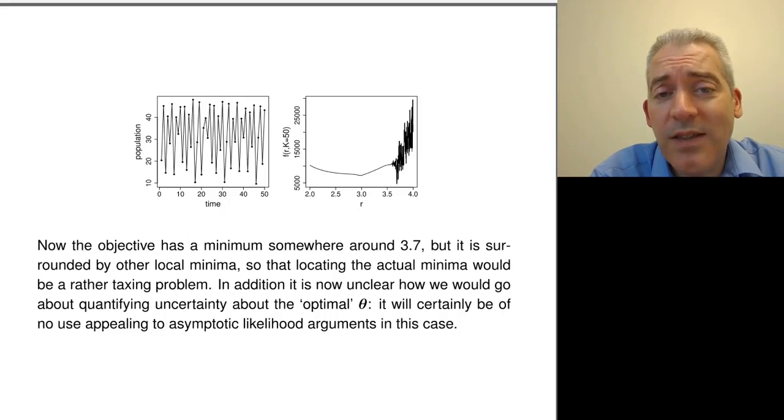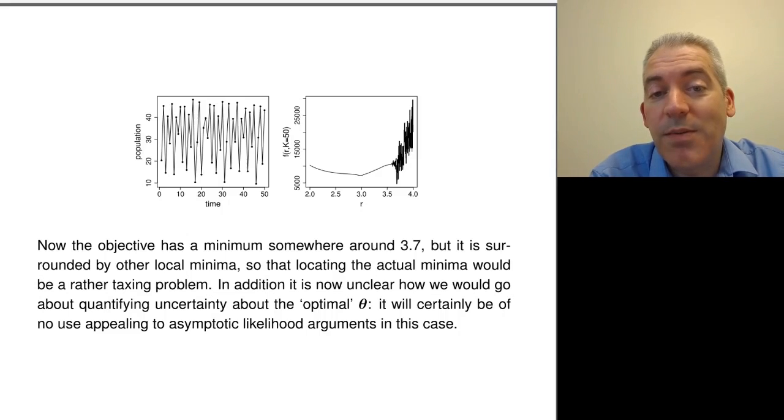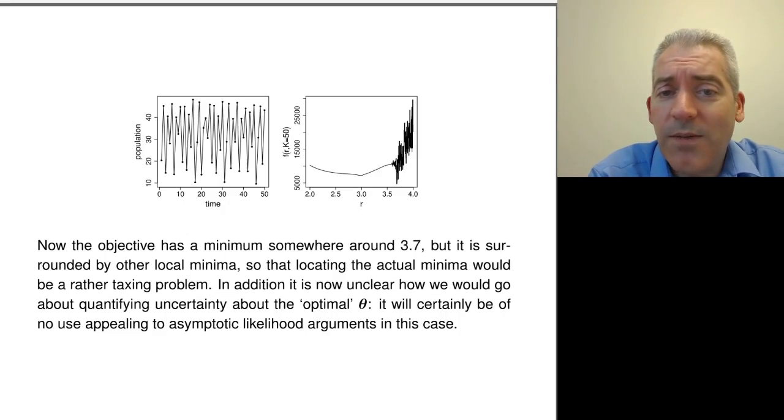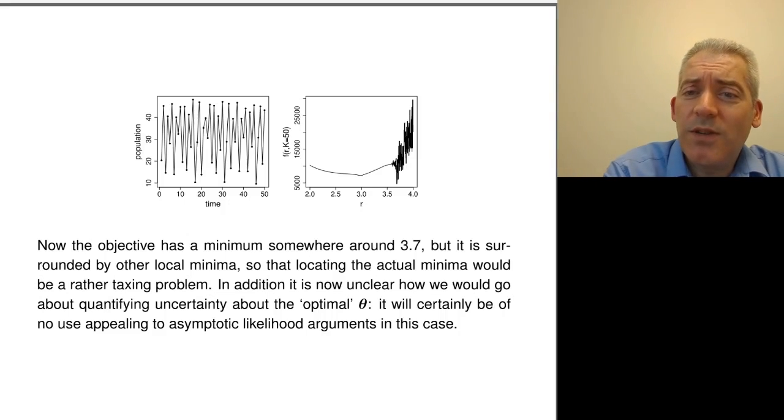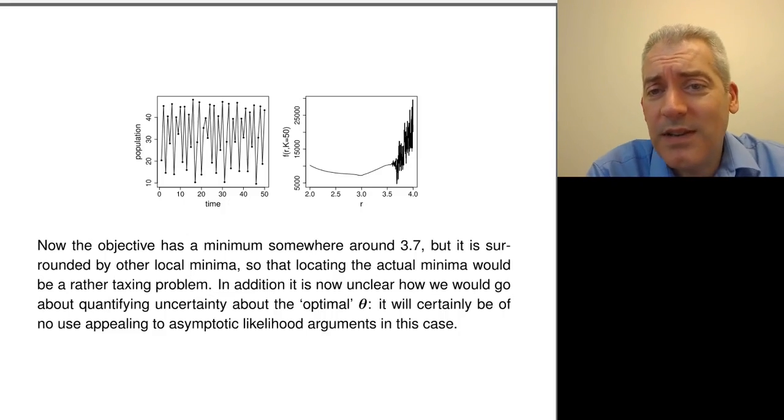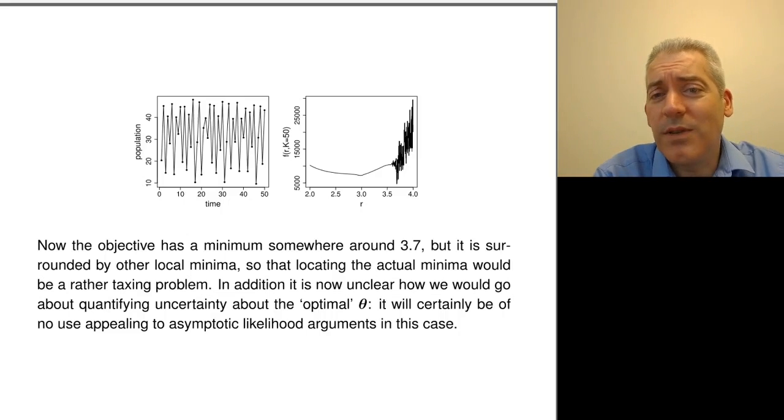But in fact, you see that if you search values bigger than about 3.6, 3.7, it all turns into a bit of a mess, right? So this function is really not very nice at all. But if you think about the definition of this function, it was an incredibly simple thing, right? It was just a least squares for a very simple nonlinear model.